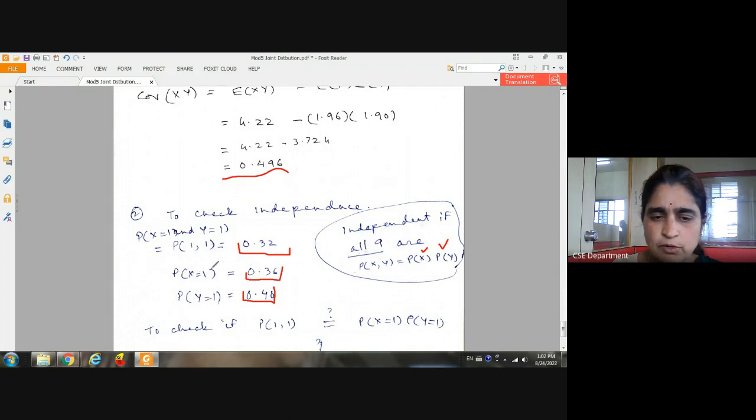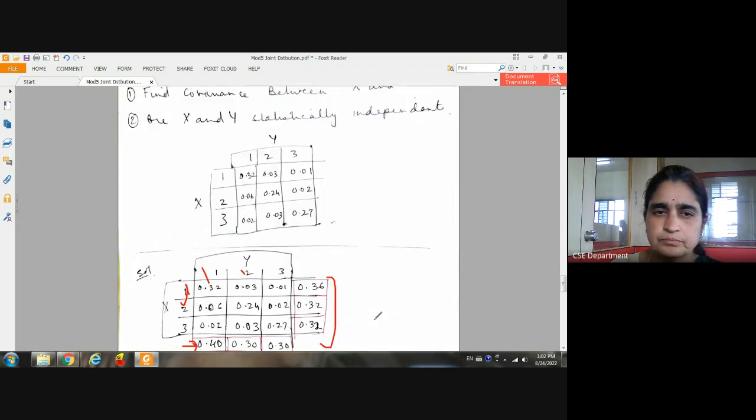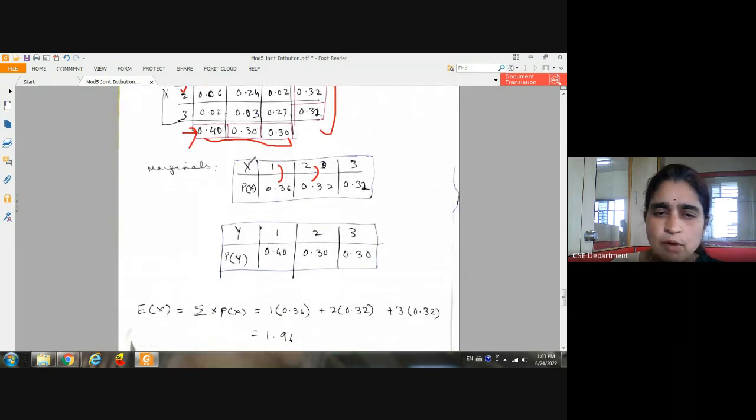So this product, is it equal to what is given in the cell? What is given in the cell value is 0.32. P of x equal to 1 comma y equal to 1 is 0.32. P of x equal to 1 is 0.36. P of y equal to 1 is 0.40.